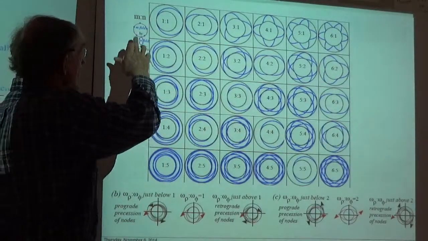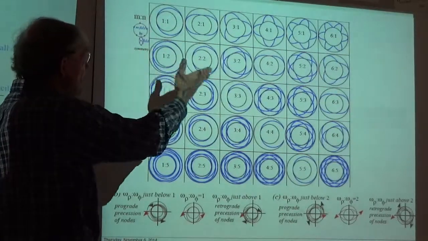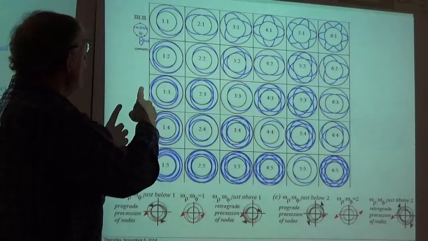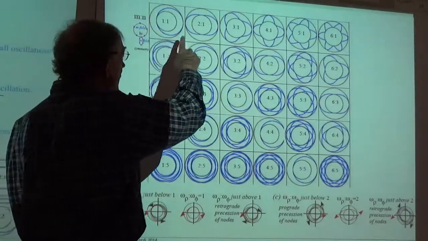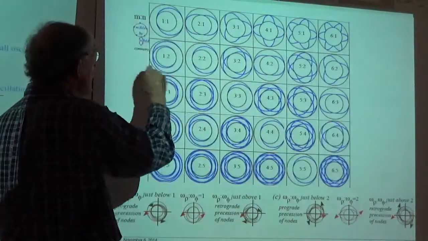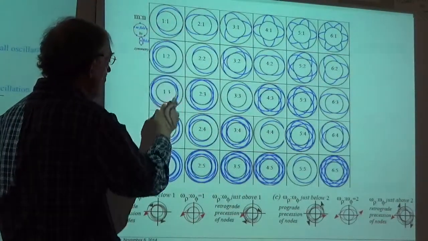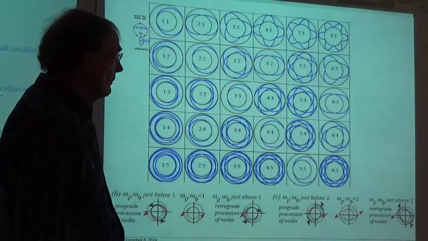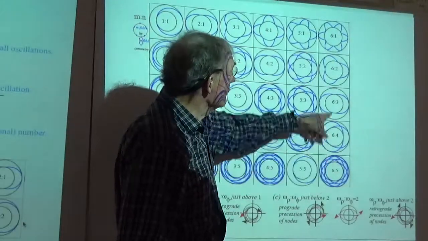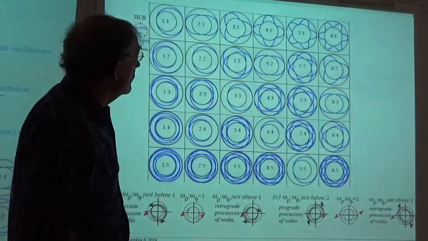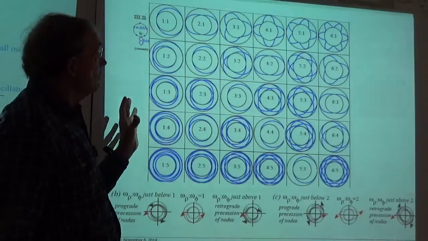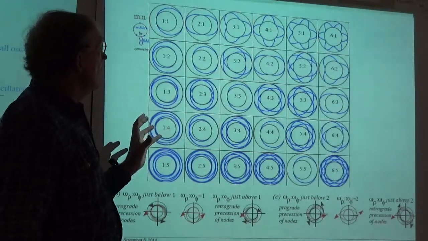So m to n ratios, where I'm plotting the m this way, and the n is this way, 1, 2, 3. So all the possibilities up to 5 by 5, and then there's a 6 by 5 there. And you can see basically that there are two kinds of symmetry for these orbits.